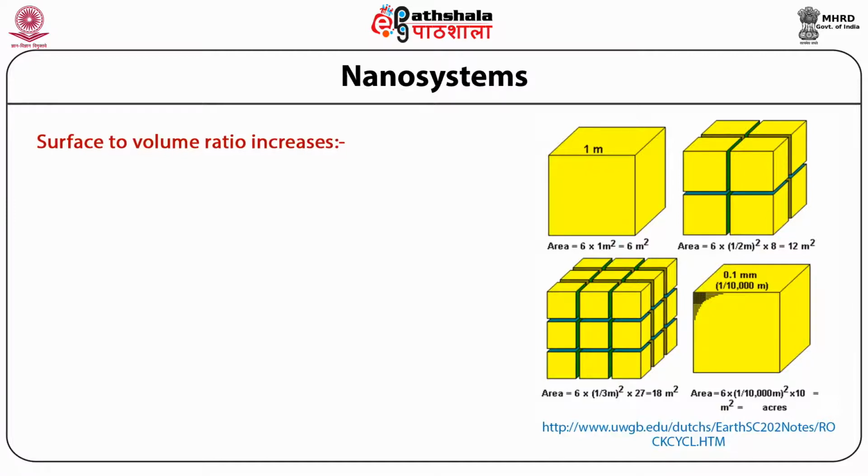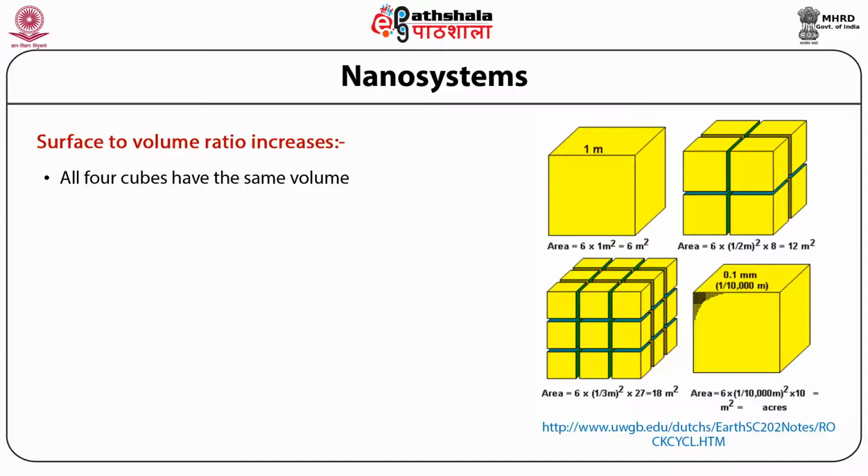As you can see over here, there are 4 cubical boxes in this figure. The first cubical box has an area of around 6 meters square, and all 4 cubes have the same volume.